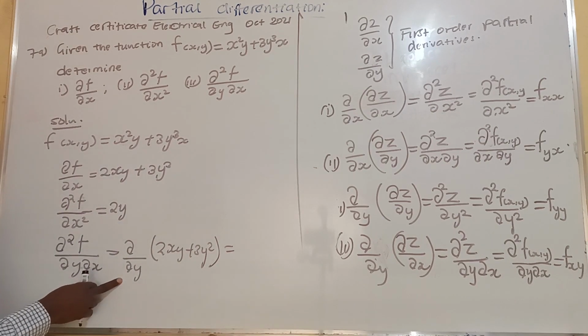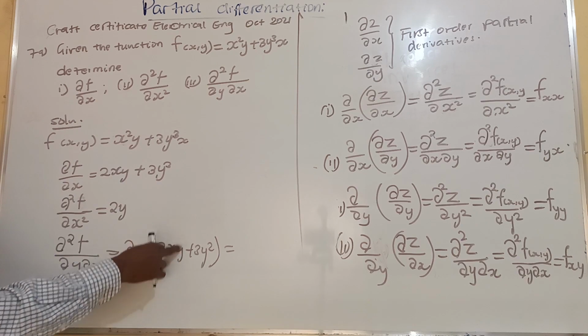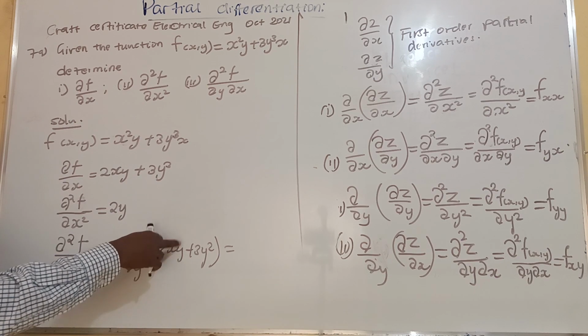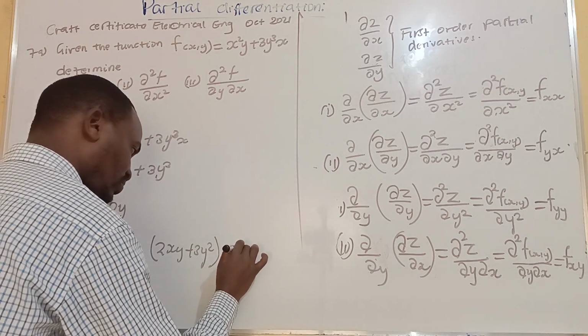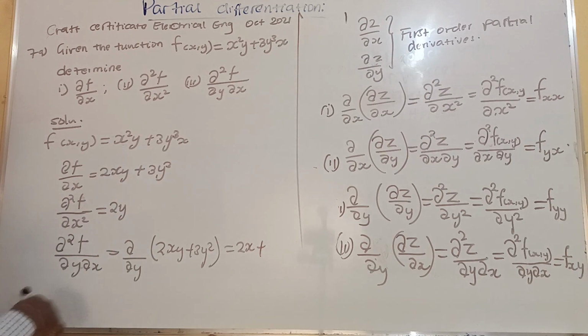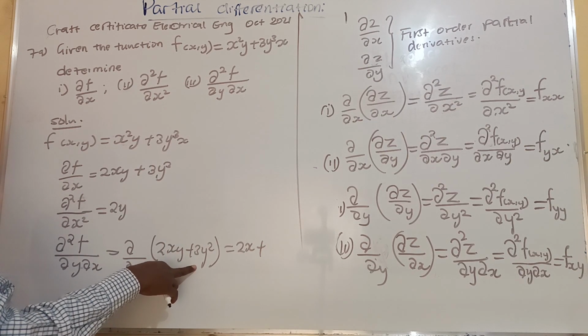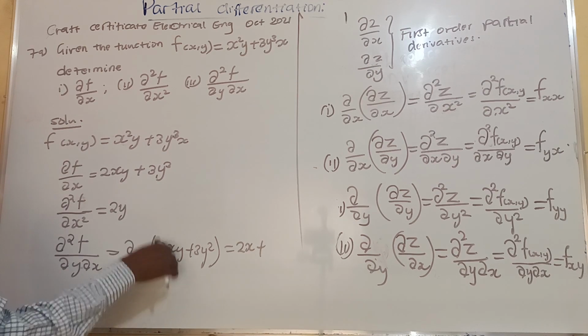Since now we are differentiating with respect to y, we will be holding x as a constant. We differentiate this y with respect to y, it will disappear and you will be left with 2x. If you differentiate 3y cubed, it's not y squared, it's y cubed.